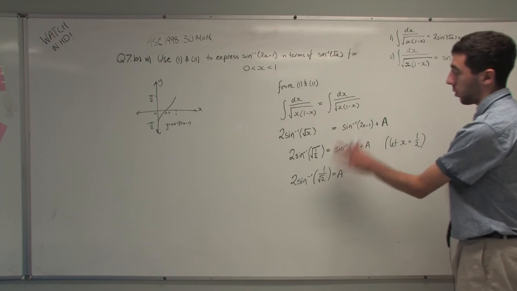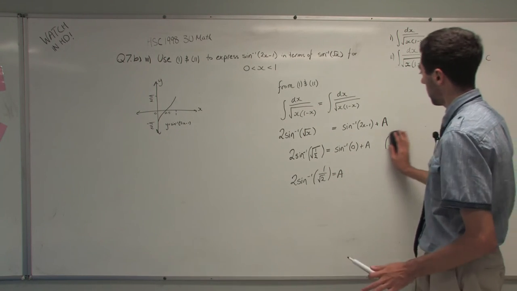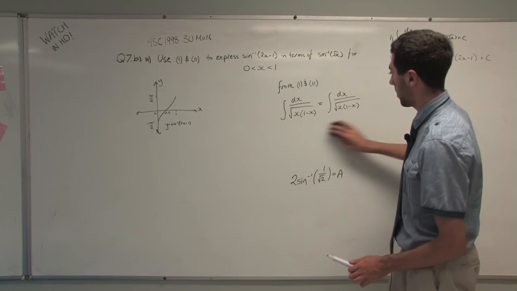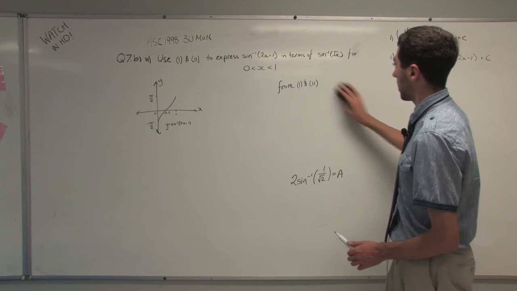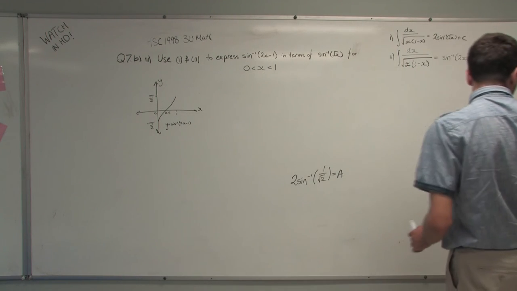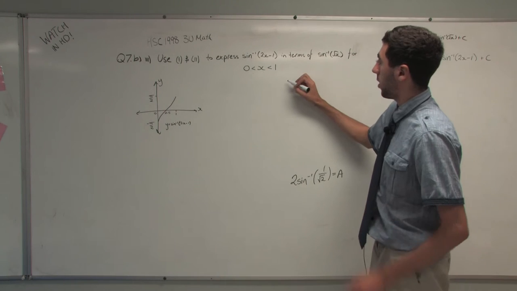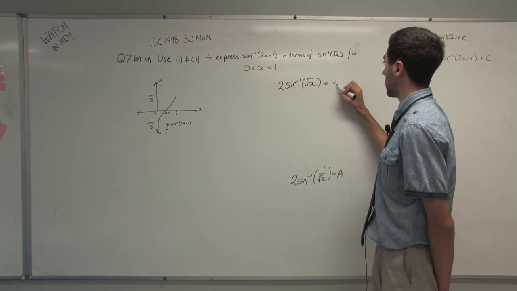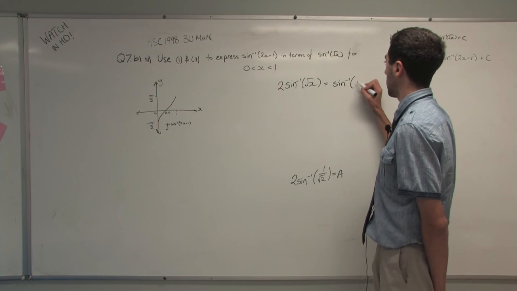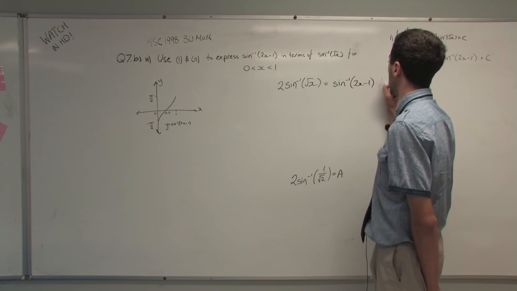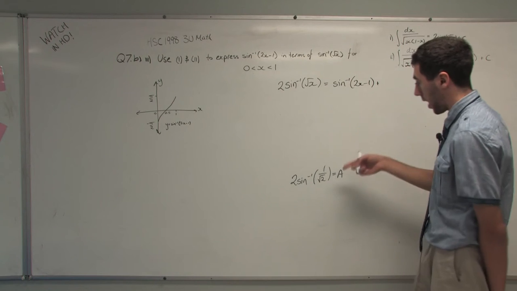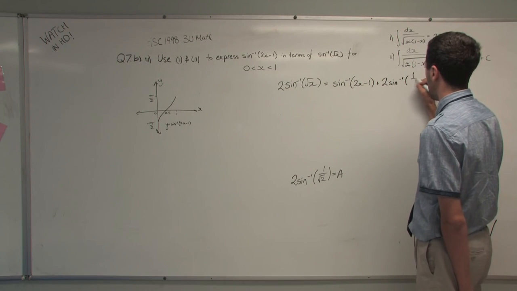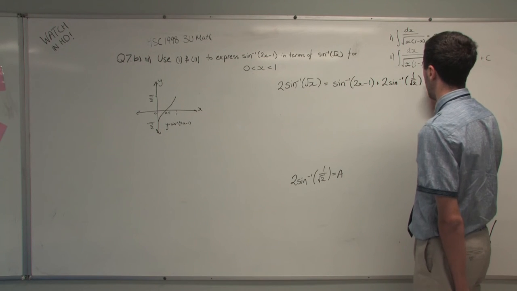Okay, so I'm going to rub out this section of the board. So from our agreements in part I and part II, and equating them, we've now learned that 2 sine inverse square root of x is equal to sine inverse 2x minus 1 plus now our a. So our a is now 2 sine inverse 1 over root 2.